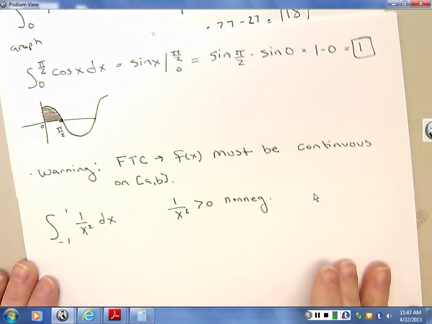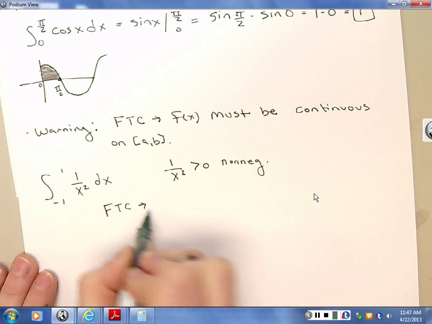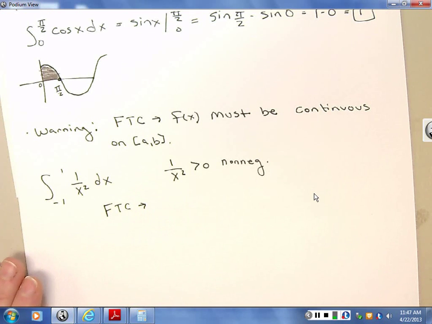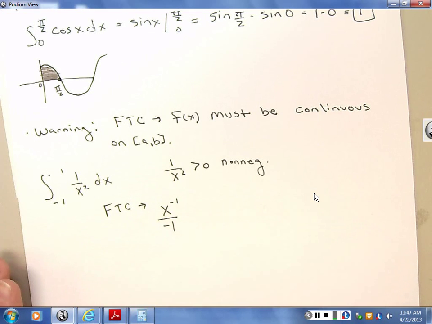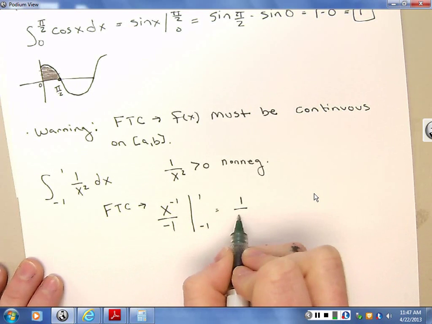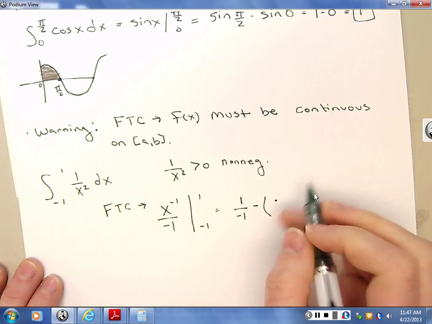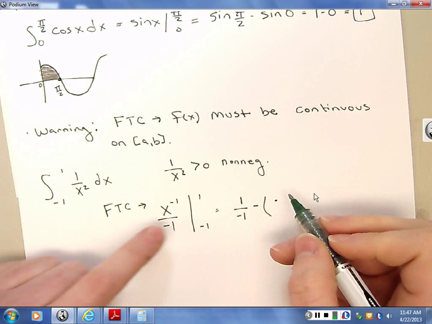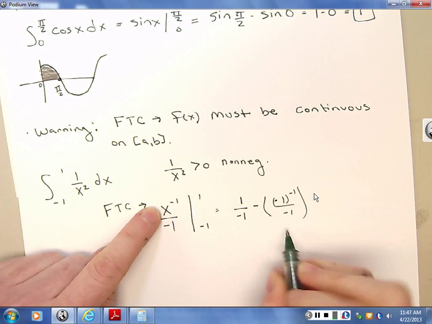So let's apply the fundamental theorem of calculus. What's the integral of x to the minus 2? x to the minus 1 over minus 1, right? If I plug in my upper bound minus my lower bound, I have 1 over minus 1 minus minus 1 over minus 1, which would be a positive 1, right?